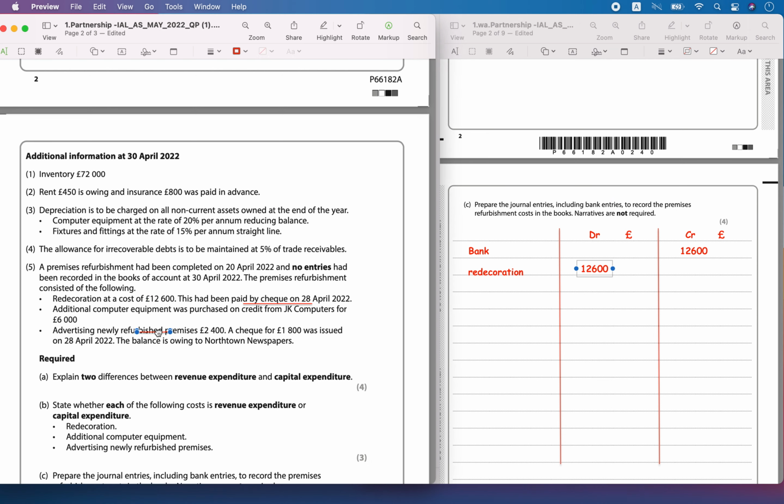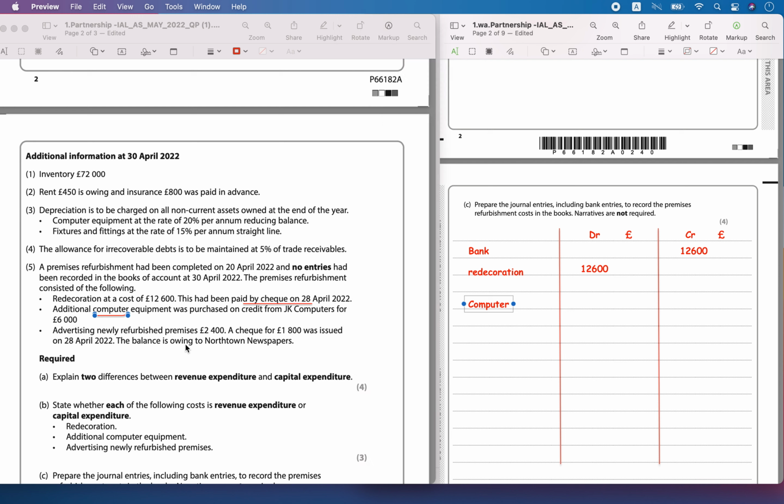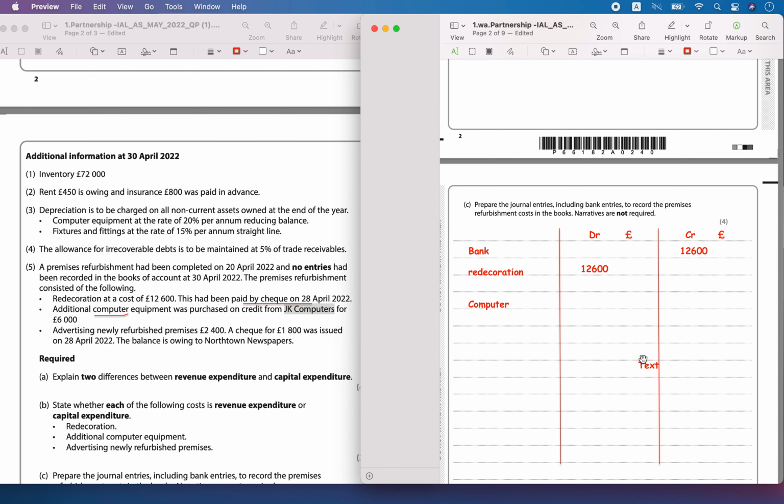Then we have additional computer equipment, so it's an asset, so definitely I have to update my computer equipment account. But this was purchased on credit, not by check, from JK Computers, so they become a trade payables account.